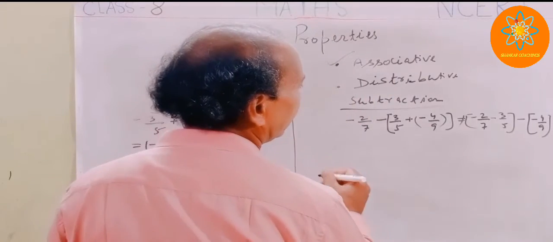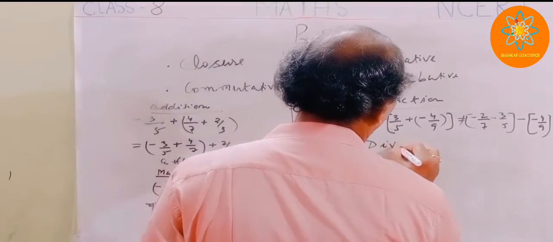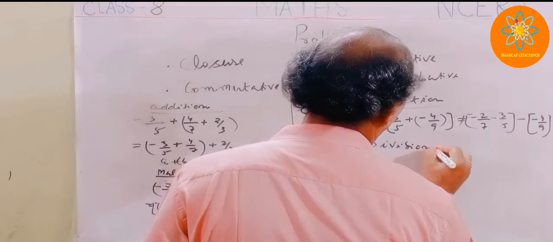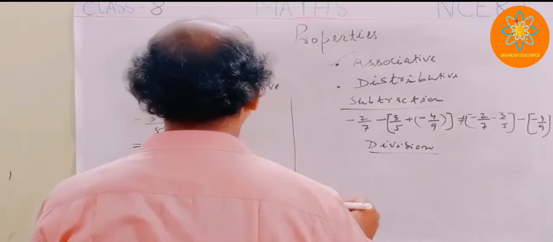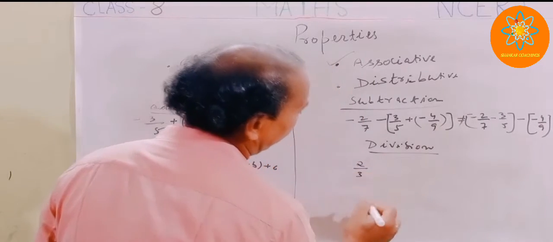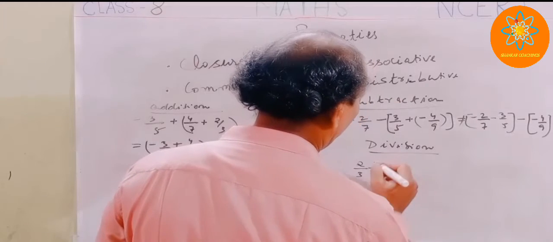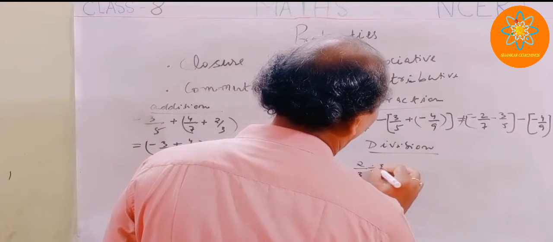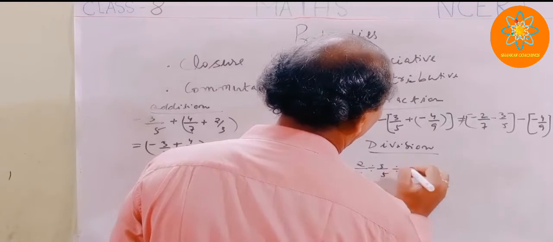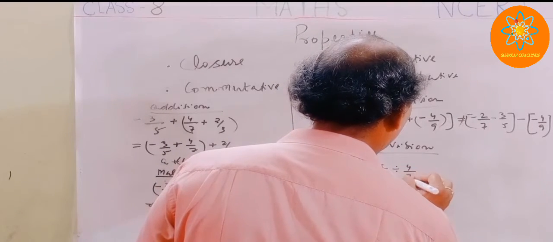Now the last one is the division case. Let's suppose for the division case, I have 2/3 divided by 3/5 divided by 4/7.